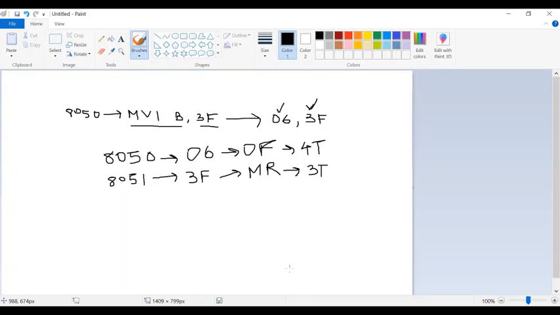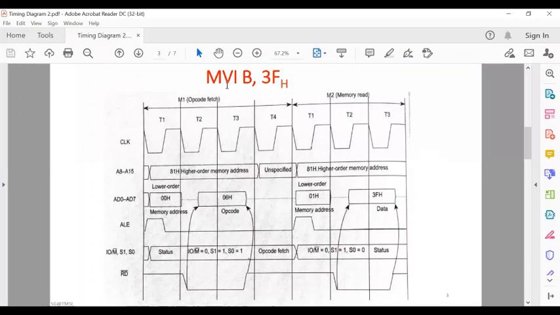Now coming back to that slide. Here, MVI B, 3F. The first machine cycle is the opcode fetch machine cycle, from this position to this position. When opcode fetch is over, the next machine cycle is the memory read machine cycle.